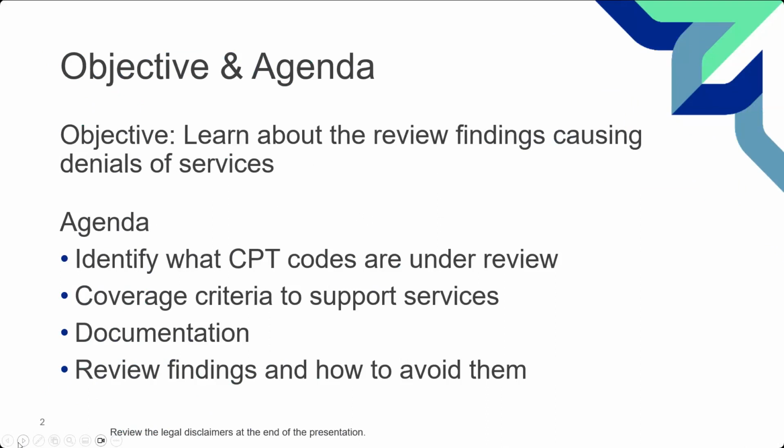So we're going to achieve this objective today by identifying what we're reviewing and the CPT codes associated with that. We're going to review the coverage criteria to support the services. And we're also going to review the documentation requirements for these types of scans, as well as discuss the review findings and how to avoid them.